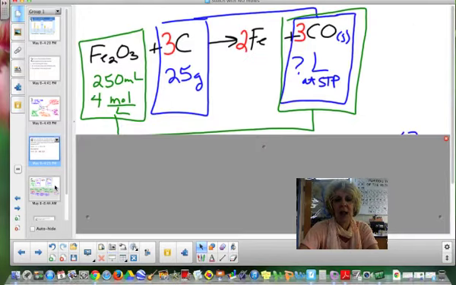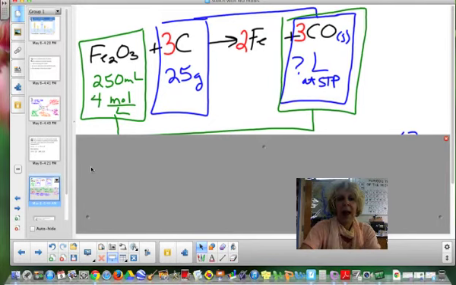What I'm going to do with that balanced reaction is take the information from the problem and put it in little boxes around that particular compound. Remember, in the problem I had 250 milliliters of a 4 molar iron 3 oxide solution, and I had 25 grams of carbon. This is set up exactly like that bread and cheese problem.